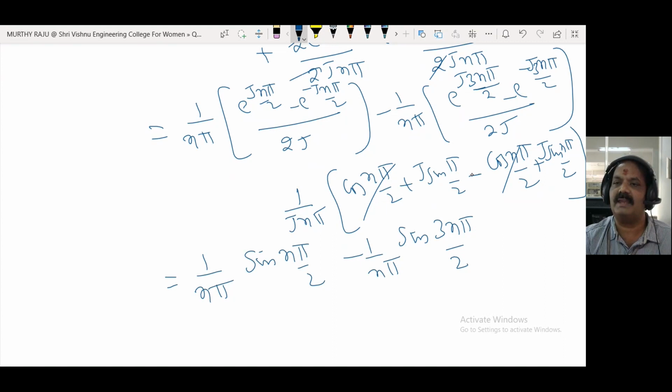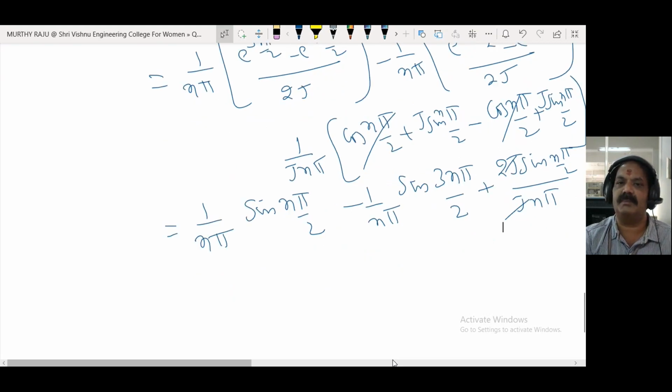Here 2j sin n pi by 2. 2j sin n pi by 2 plus j sin n pi by 2 is 2j plus 2j sin. Here n is there. 2j sin n pi by 2 by j n pi, 2 sin n pi by 2. 1 by n pi, 1 by n pi is common term. 2 sin n pi by 2.